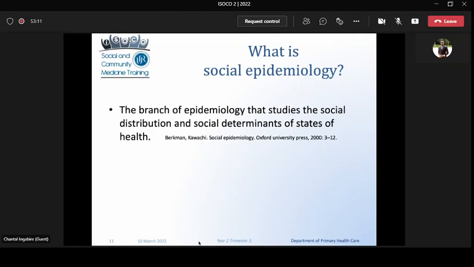Social epidemiology is that branch of epidemiology that is mainly looking at the social distribution and the social determinants of states of health. And when we were starting our lessons, we also listed some of the social determinants that might influence health.